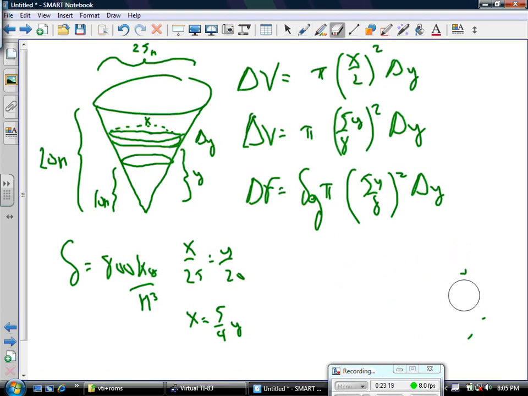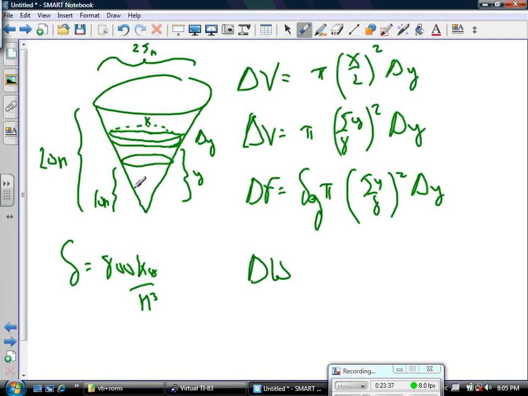But I wanted work. And how do you get work? Force times what? The distance that you have to move against that force. So what's your statement for delta W? Delta V is how much volume in one slice of oil.